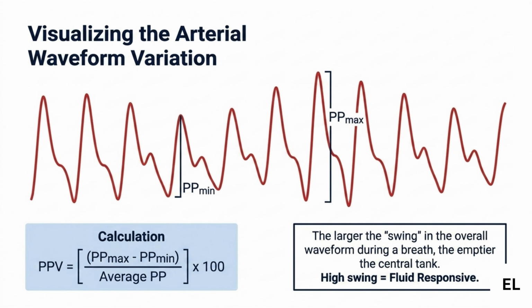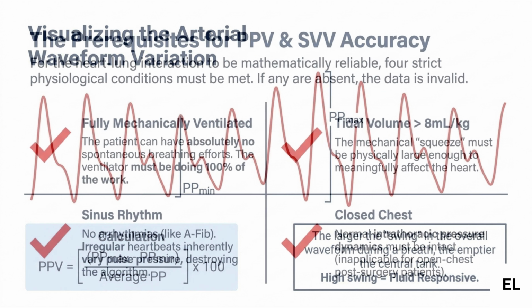The larger the variation in pulse pressure during a single breath, the greater the respiratory influence on cardiac output. A large swing suggests that the heart is operating on the steep portion of the Frank-Starling curve and is therefore fluid responsive. Conversely, minimal variation indicates that additional preload is unlikely to produce a significant increase in stroke volume.